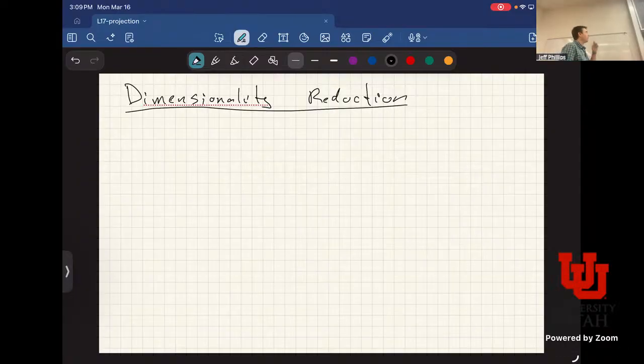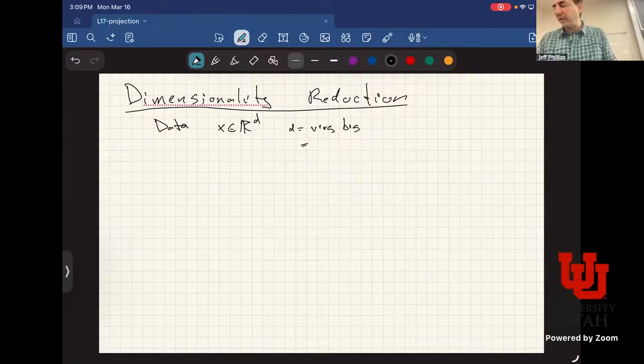Essentially what this means is we're going to have data where each data point is in R^D, and D is very big, let's say 1,000.